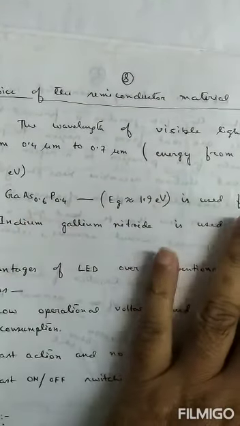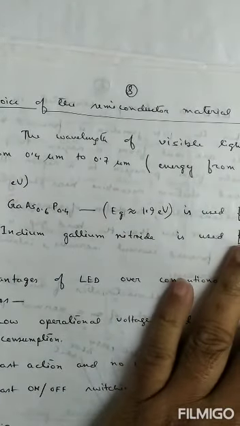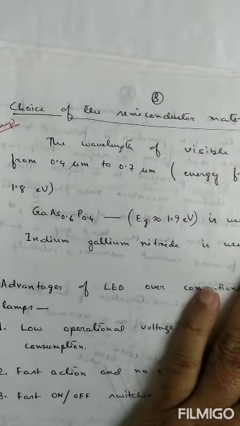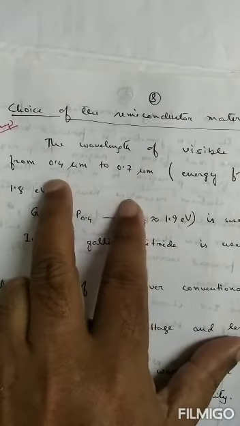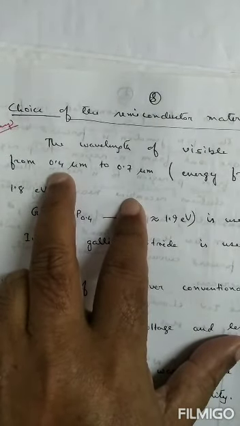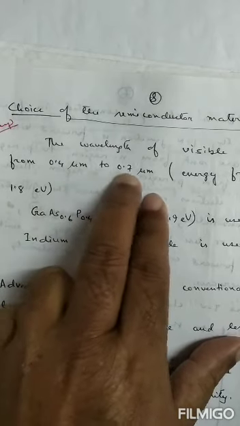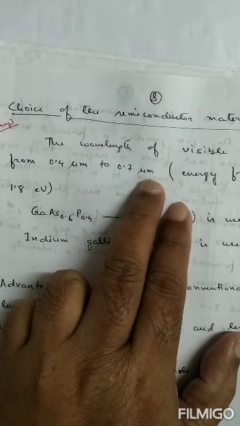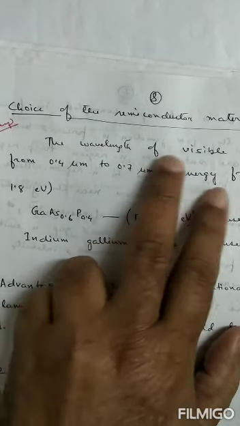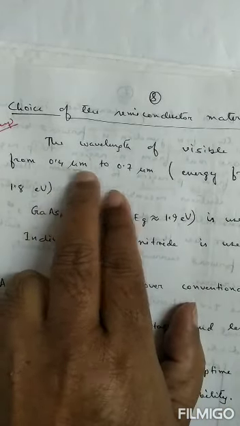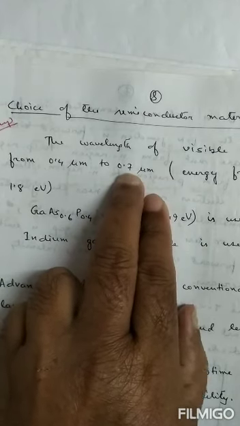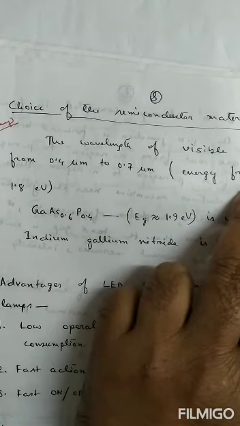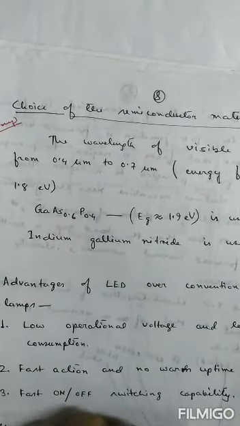Choice of semiconductor material used in LED. We know that the wavelength of visible light is 0.4 micrometer to 0.7 micrometer. If the wavelength of visible light is 0.4 to 0.7 micrometer, the energy of a light photon is 3 electron volt to 1.8 electron volt.